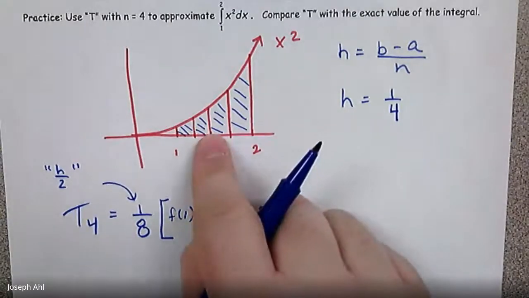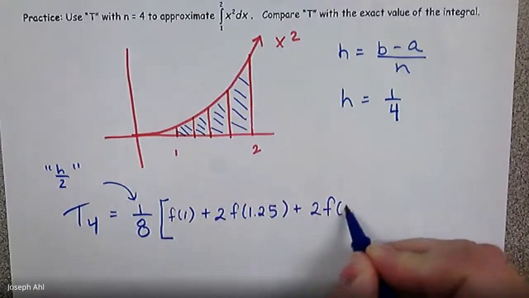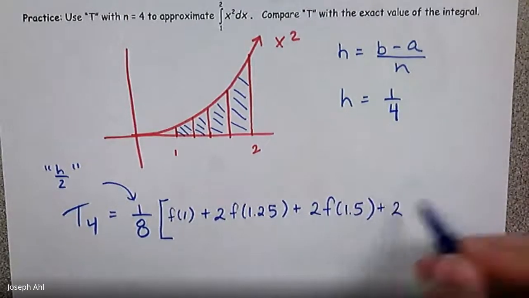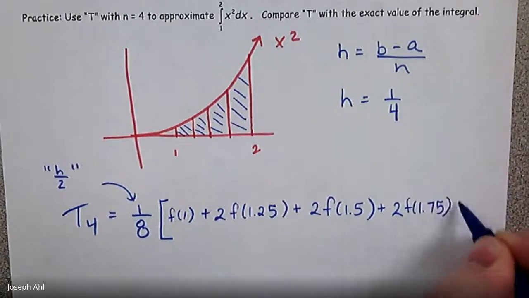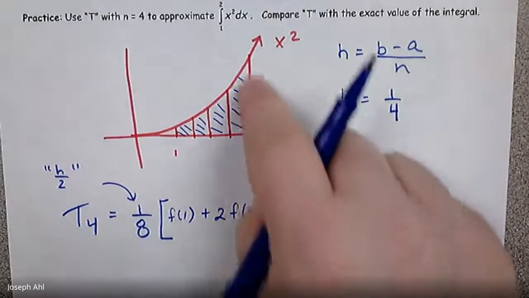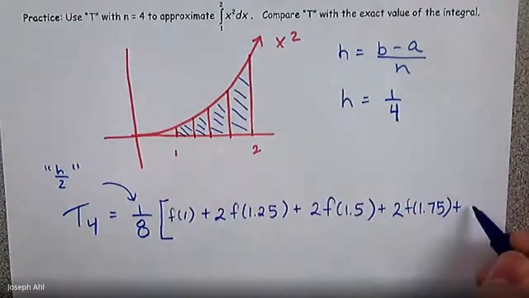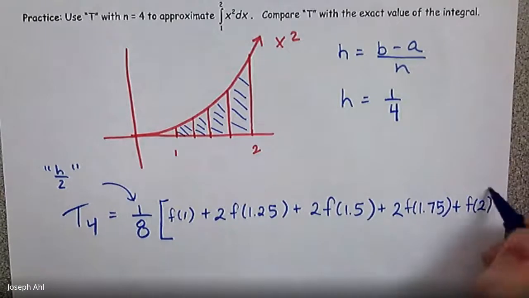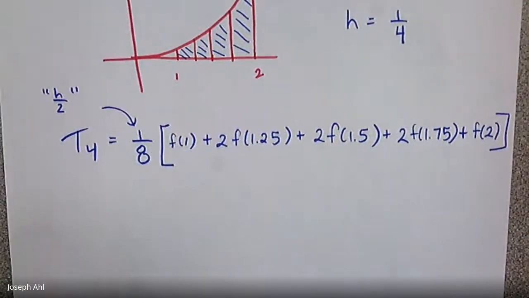And then this height right here counts in trapezoid 2 and trapezoid 3. So it's 2 times f of 1.5. And then f of 1.75 counts twice. But by the time I get to the end of the interval, this base length is only accounted for once for the area from 1 to 2. So then we're just going to put plus f of 2 at the end. And there is my formula for the trapezoidal approximation.